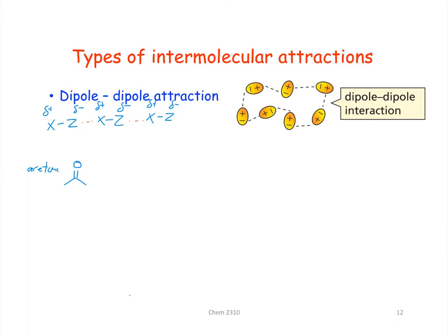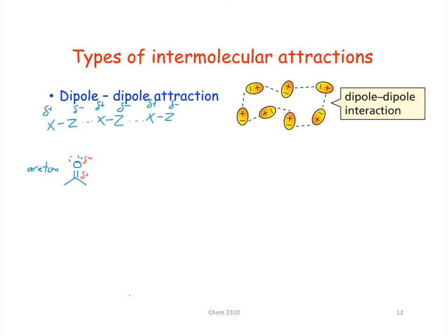But this carbon-oxygen bond is polar, right? So oxygen is more electronegative than carbon. So we have a delta minus on the oxygen and a delta plus on the carbon. In addition, this oxygen has two pairs of non-bonding electrons. This is partially where this delta minus lies.